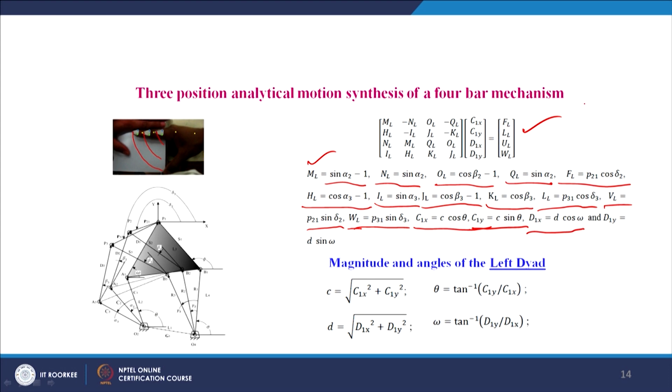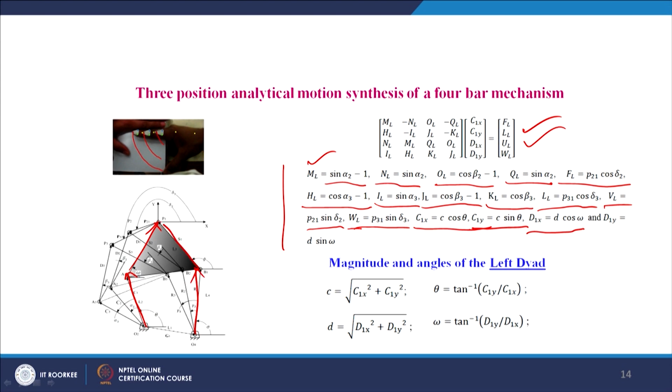This standard matrix form will be obtained provided we assume these values for the previous 4 equations 9 to 12. Then, by solving this matrix form, we will have the magnitudes C and D and the angles theta and omega of the left dyad. This is the left dyad, that is, this vector pair is the left dyad. This vector pair is a dyad, and the four-bar has a left dyad and a right dyad.